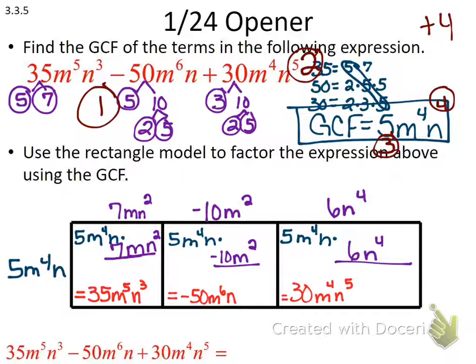Am I finished with this yet? No, I am not, because now I have to write my final answer. So if you notice at the bottom of your opener, just like the bottom of your quiz, I'm going to rewrite the expression so you have room to write your answer. So what's your final answer going to look like?